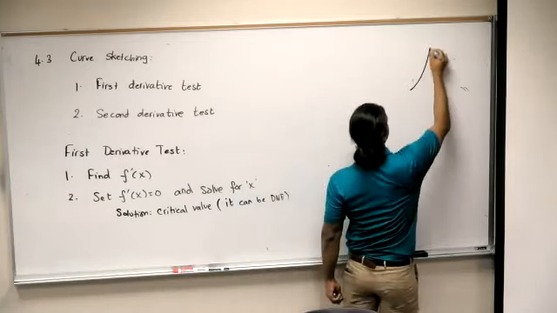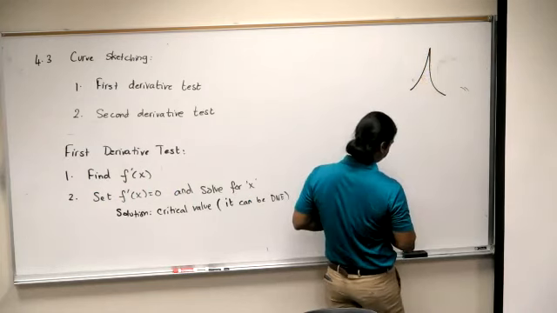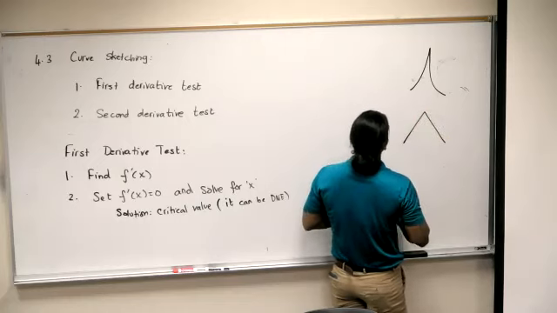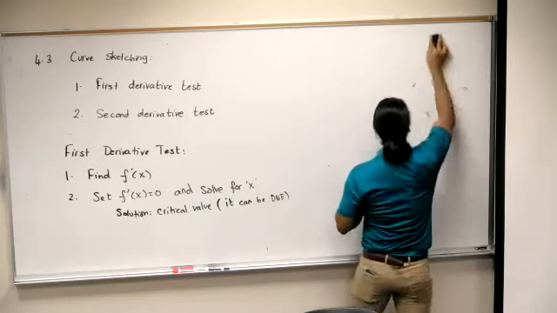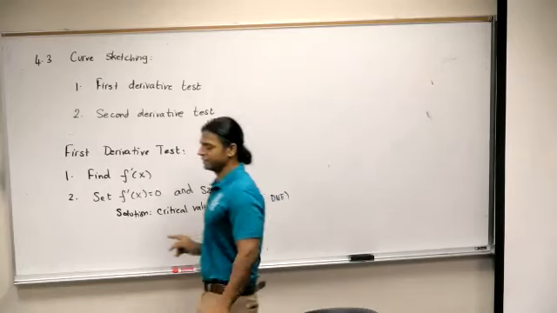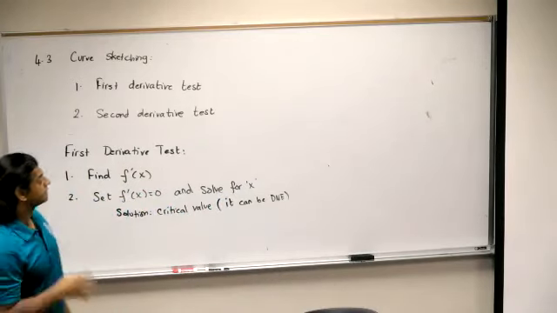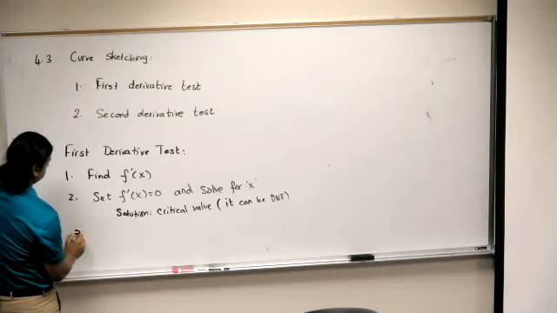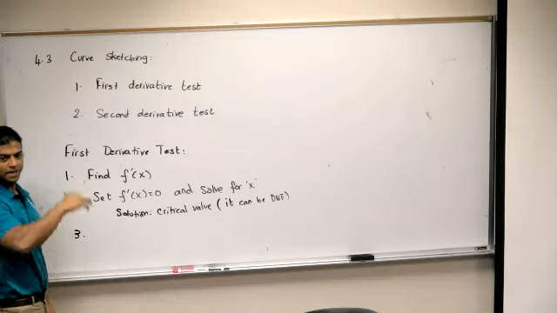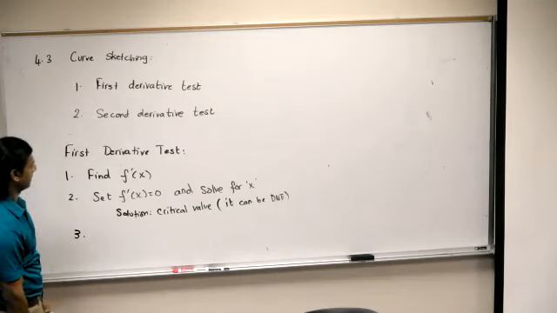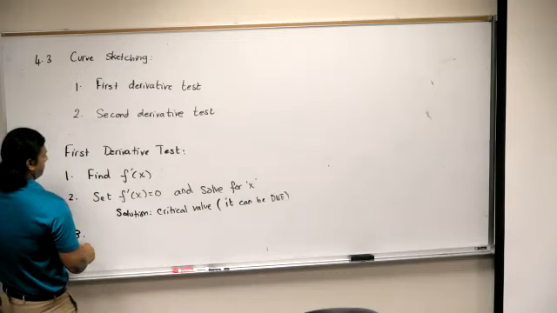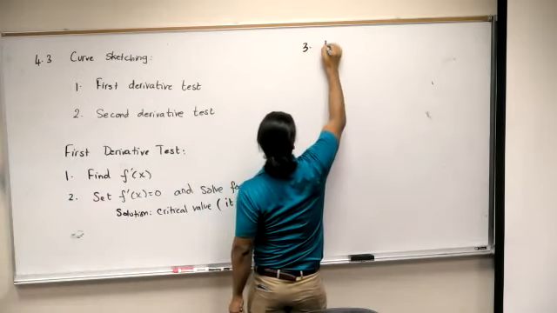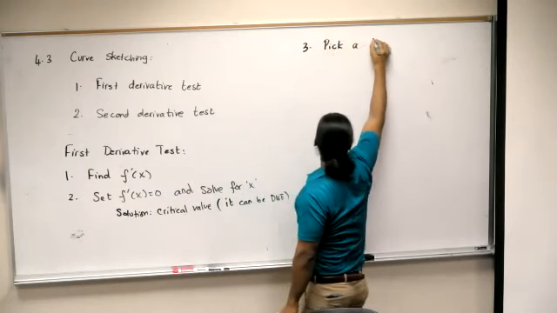If you have something like that, that's a cusp. Sharp turn. So any one of those cases, you end up having a critical value that doesn't exist. So wait, what are the cases for that again? Cusp and sharp turn. Or a cusp slash.